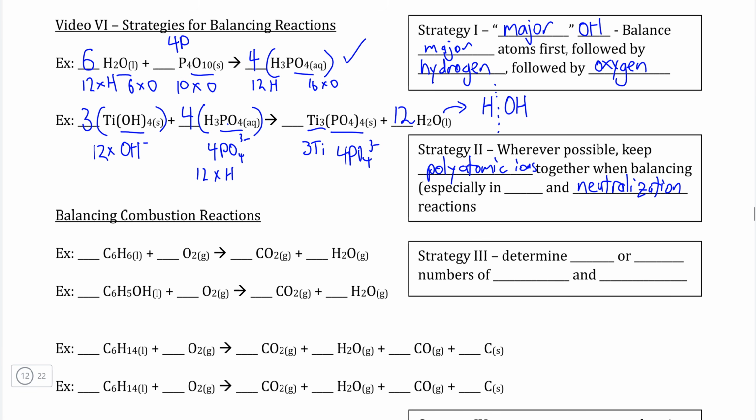This particular strategy of grouping polyatomic ions together is especially useful not just in neutralization reactions, but in the broader category of double replacement or double displacement reactions, as they frequently involve ionic compounds that have polyatomic ions.